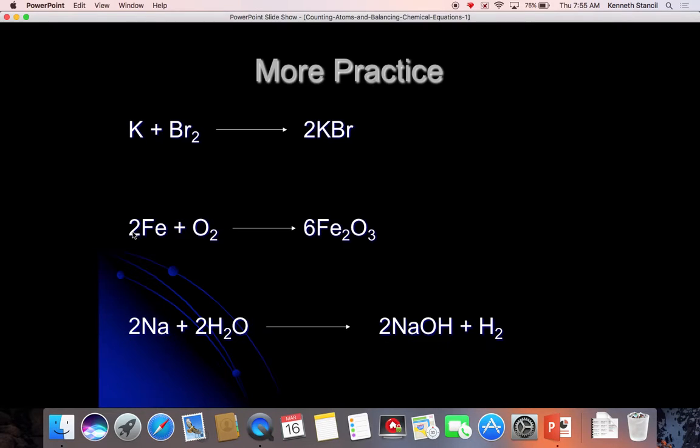Remember that the plus sign stops everything. Kind of like 2 plus 2, that's a brick wall. So how many oxygens? 2. How many iron? How many oxygen? Is it balanced?